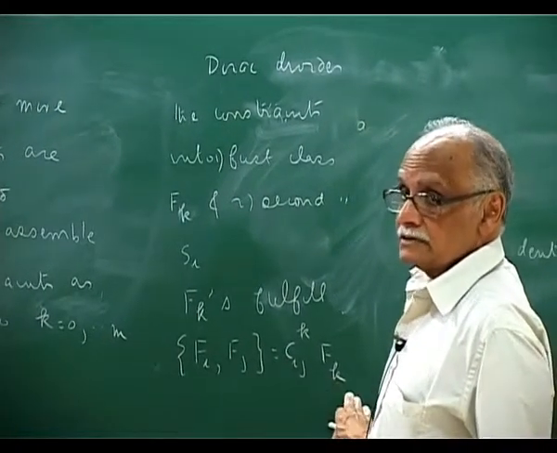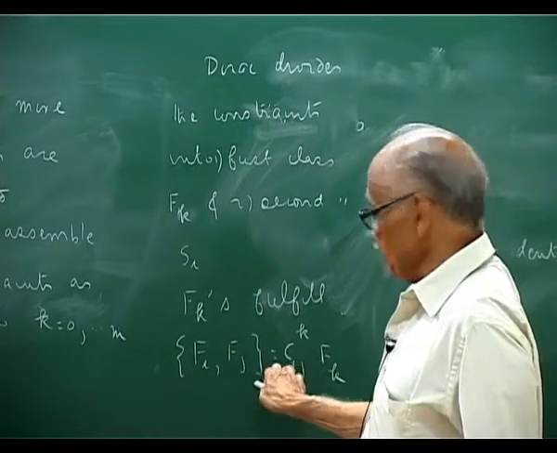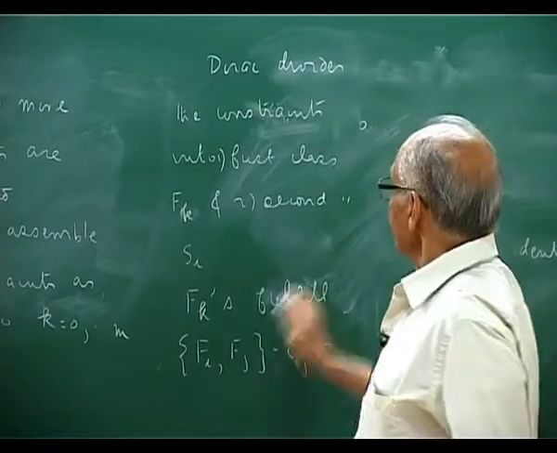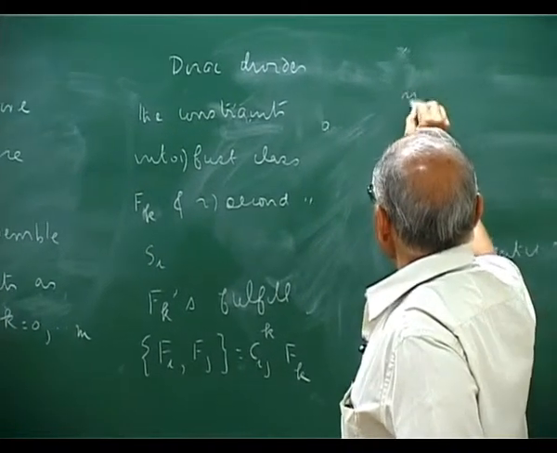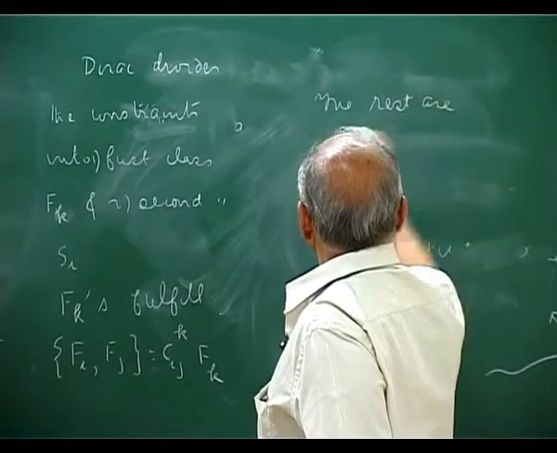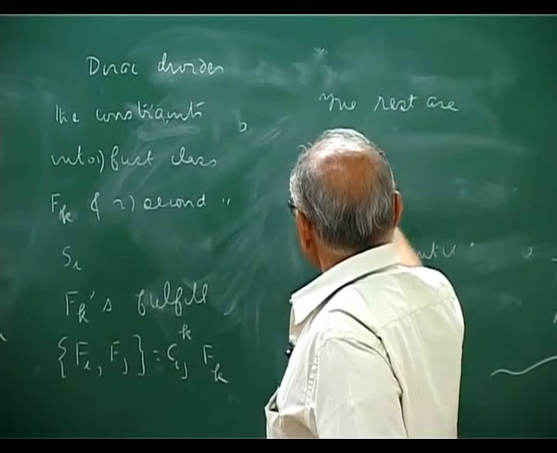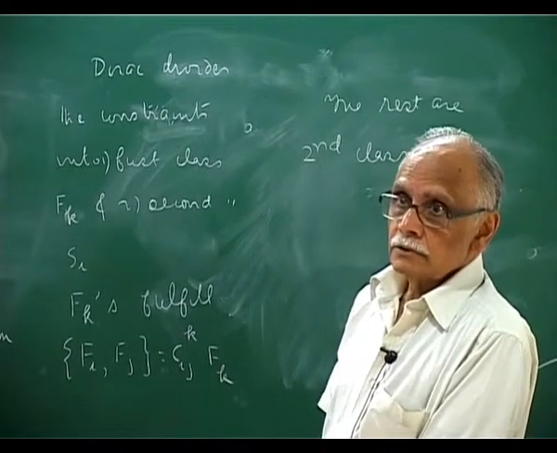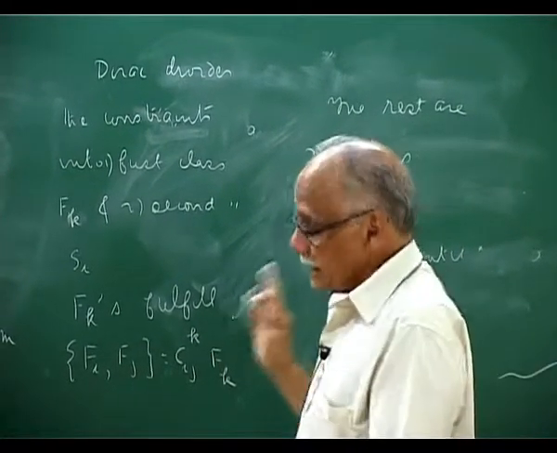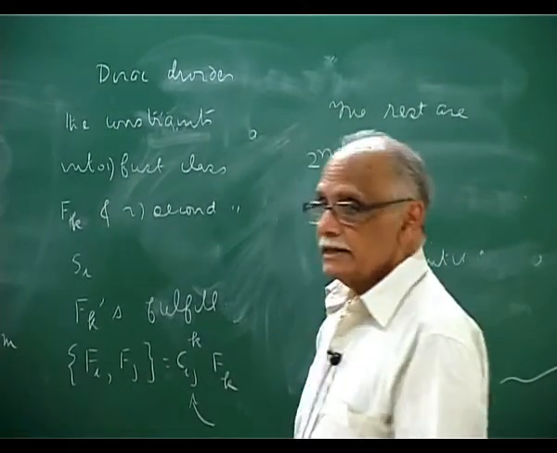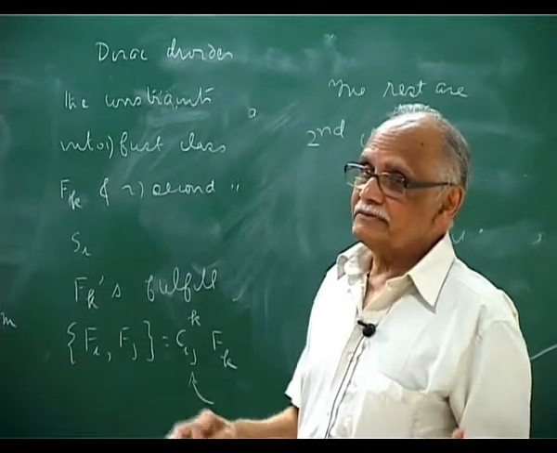This is a strong equation. I am not putting, it's equal. The rest are second class. So you can find an algebra on the... Well, these things here in general will not be even constants.